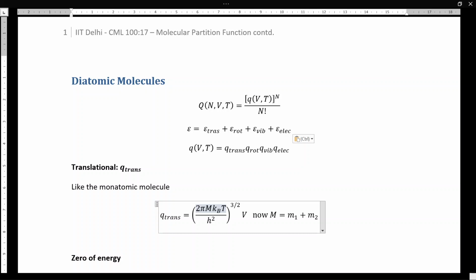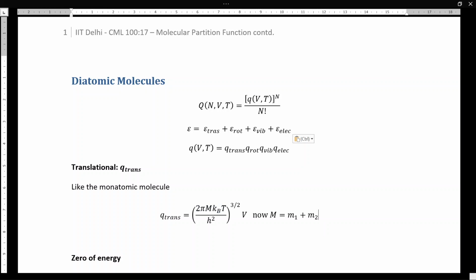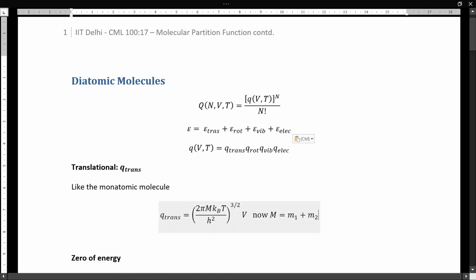We just need to add M1 plus M2. So it's exactly like the monoatomic molecule: (2 pi M by beta h cross squared) raised to the power 3 by 2, multiplied by the volume of the system. So we have the translational partition function for the diatomic molecule given by this equation.